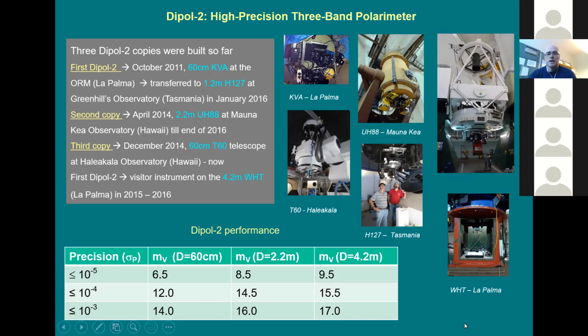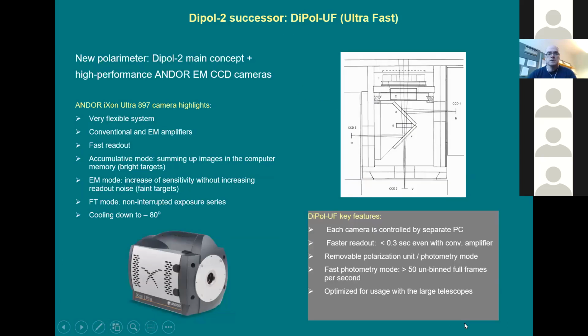Okay. We have been pretty happy with our Dipole 2 instrument, but a few years ago we decided to upgrade it. So we built a new Dipole UF, an ultrafast polarimeter, which is basically a Dipole 2 on steroids. It uses 3 high-performance Andor EM CCD cameras.